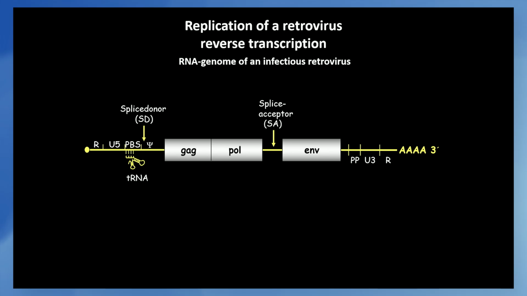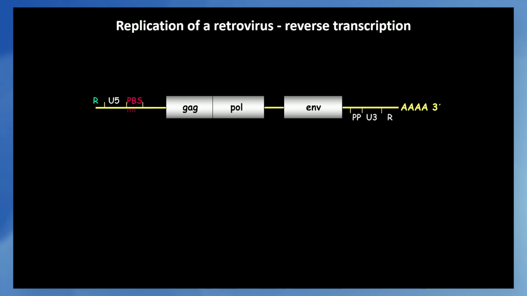So in the retroviruses, the primer is a tRNA species, usually a specific type of tRNA, which binds to the primer binding site, usually 18 nucleotides before the splice donor and after the U5 region, where reverse transcription then starts by the RNA-dependent DNA polymerase.